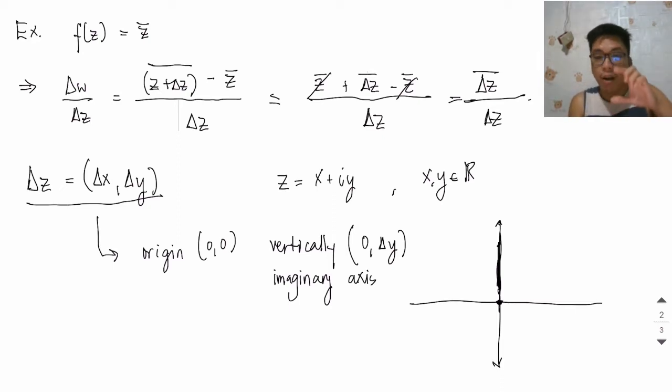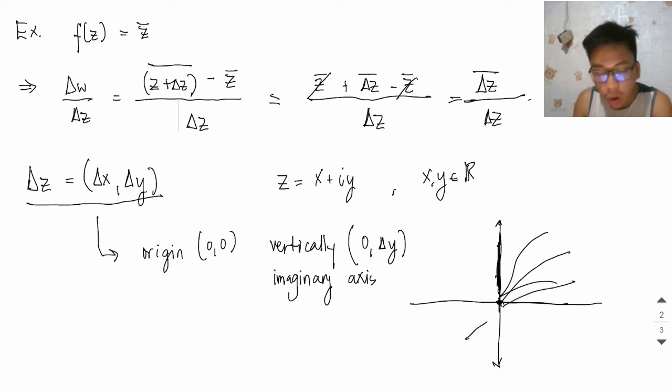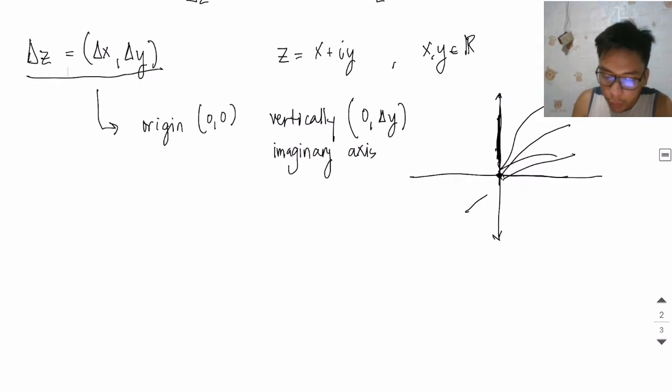However, in this complex valued function, we take all the possible directions. It could be like this, like that, or this way, all the directions on the complex plane. So in this case, we will consider delta z approaching the origin in the vertical manner.